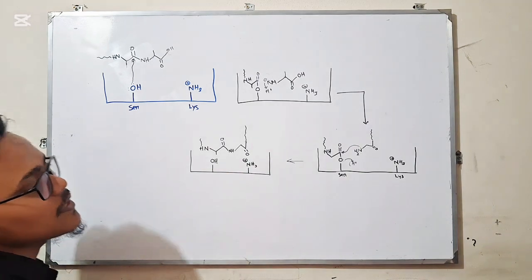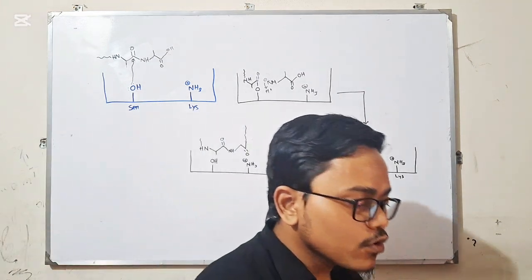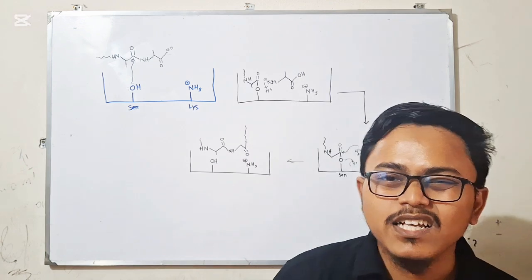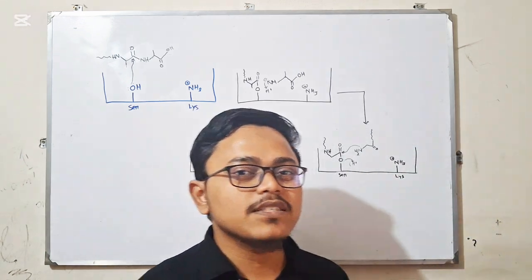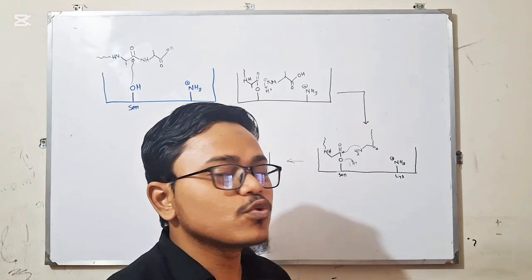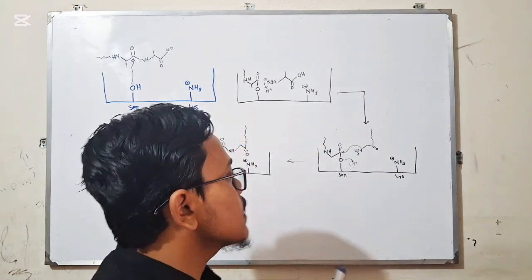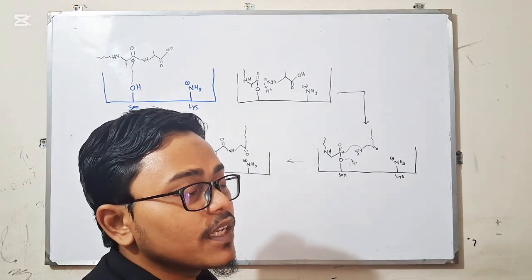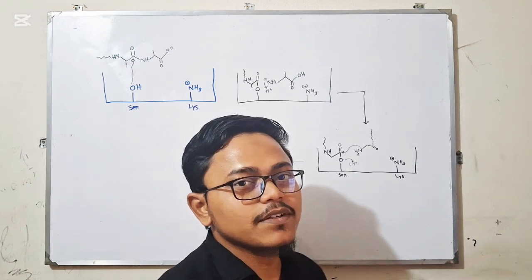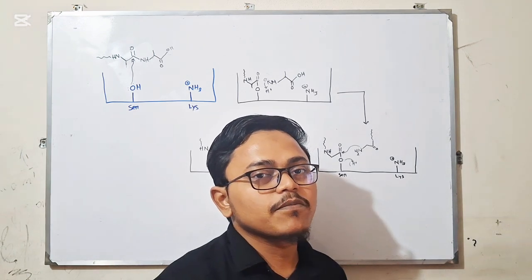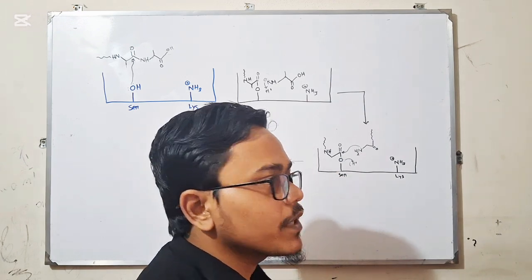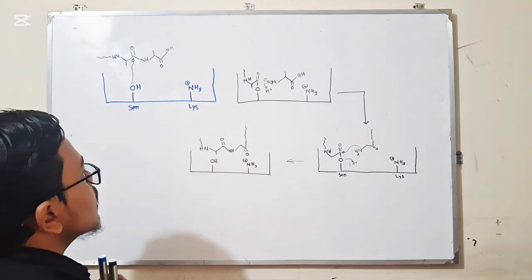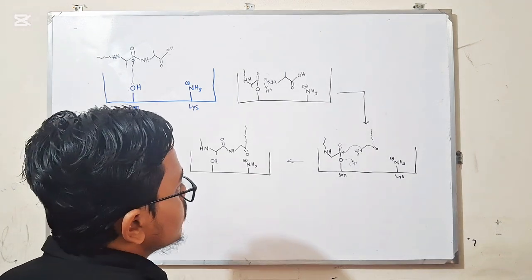Okay, this is basically the mechanism. So why did I explain this basic mechanism? Should we need to understand this basic mechanism of transpeptidase enzyme? Yes, to better understand the mechanism of action of penicillin, we have to understand the transpeptidase enzyme mechanism.